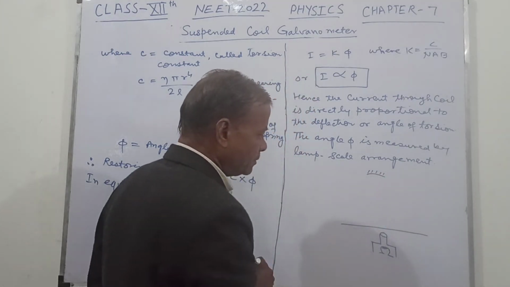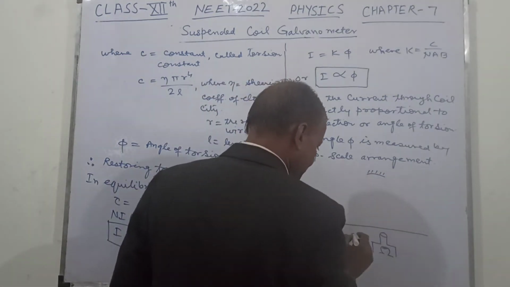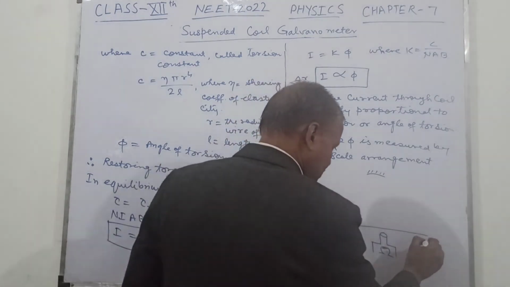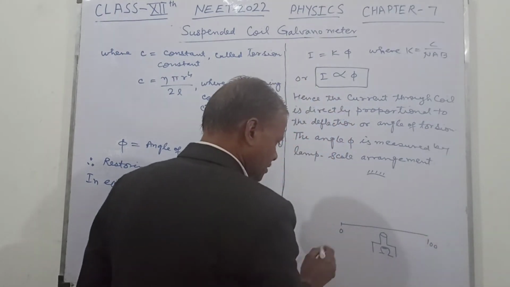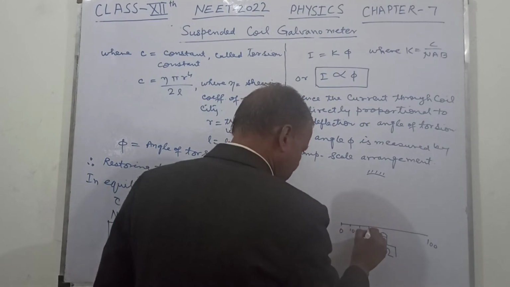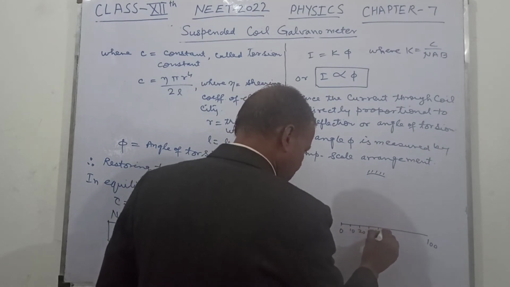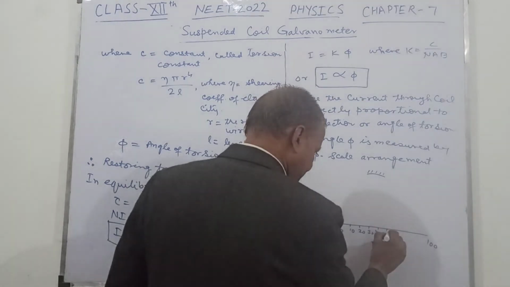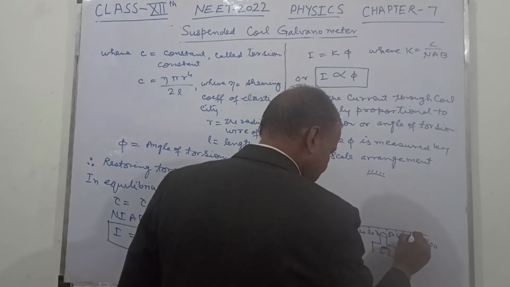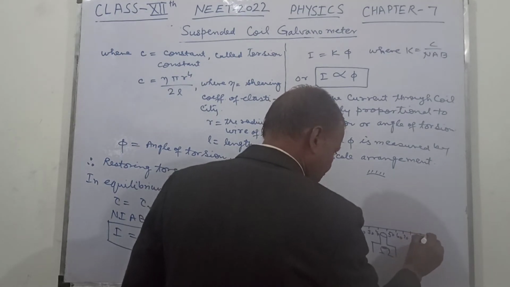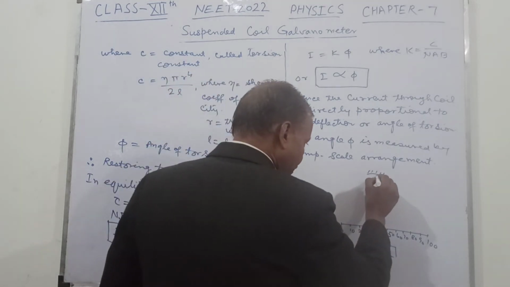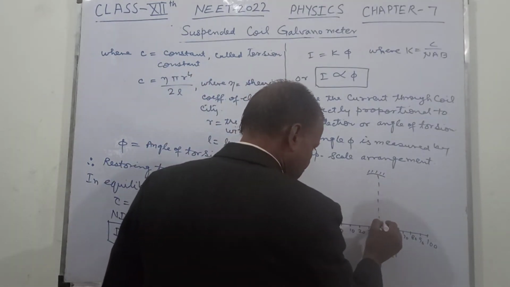This is the scale. Suppose this is the 0 mark, this is the 100 mark, and this is 10, then 20, 30, 40, 50, 60, 70, 80, 90, and this is 100. This is the meter scale. Then here we will have this light.